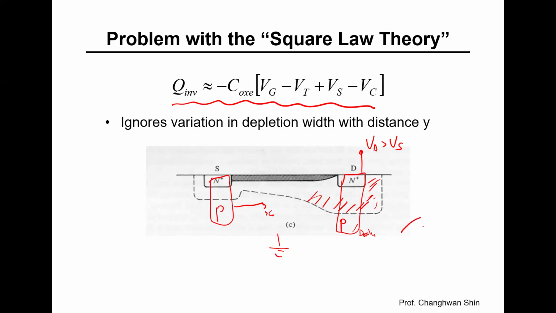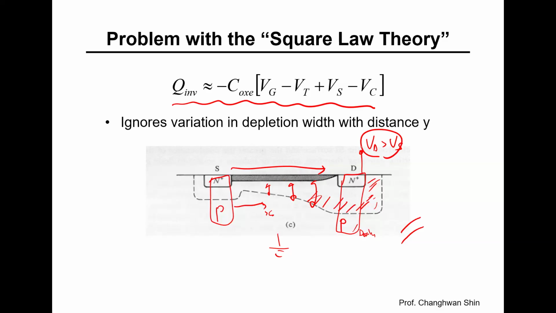Looking at the diagram, you can see that the depletion region beneath the channel actually widens from source to drain when a positive bias, or positive VDS, is applied. This is very similar to how a river might be shallow at its source but becomes deeper as it progresses downstream.